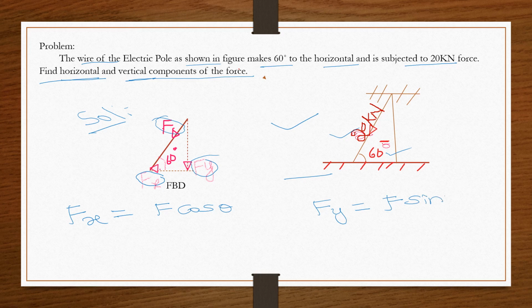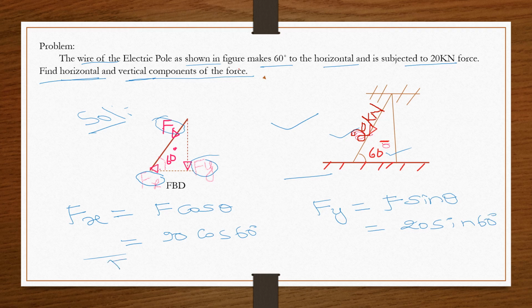Here theta is the given angle, 60 degrees, and the force is 20 kilonewtons. So Fx is 20 cos 60, and similarly for Fy, substitute 20 sin 60.